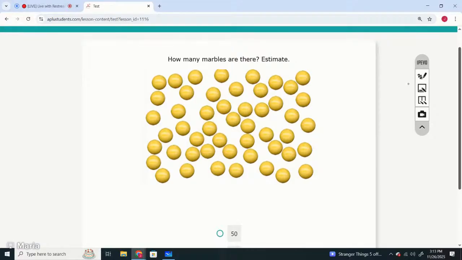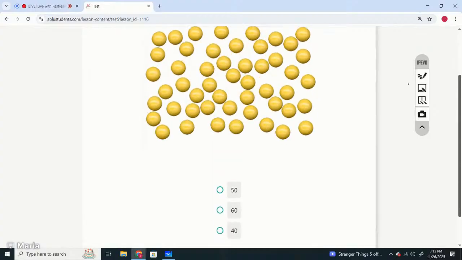How many marbles are there? Estimate 50, 60, and 40. Which is the correct option?